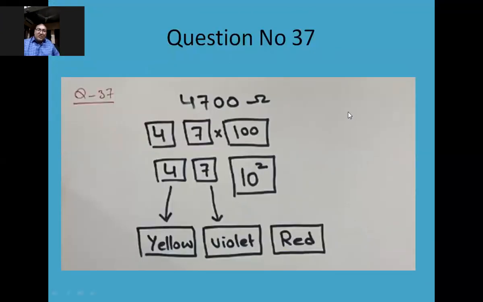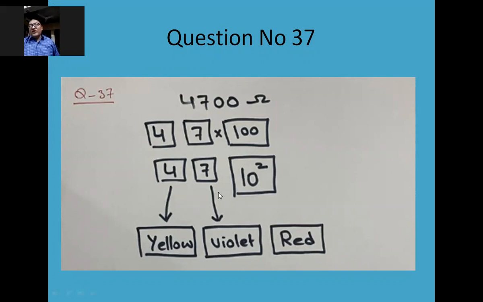So you can see the first digit, second digit, they will be represented with the color. So 4 is represented with the yellow color, and the 7 is represented with the violet color. The last is basically 47 into 100. So 100 means 10 raised to power 2. So I will look for this 2 color.